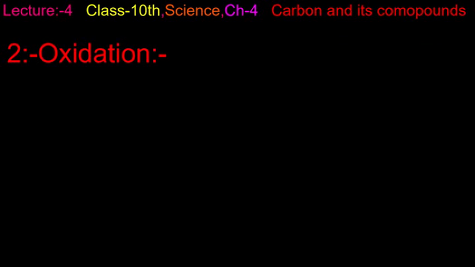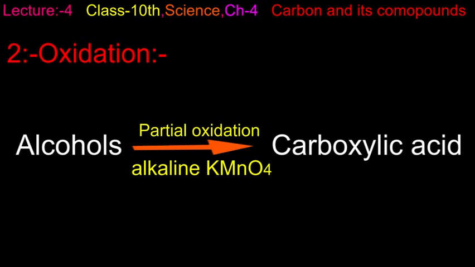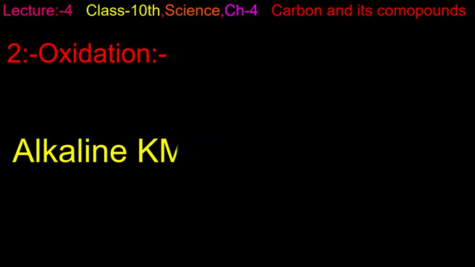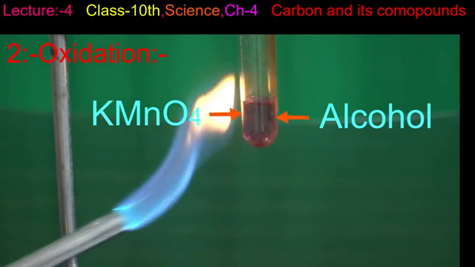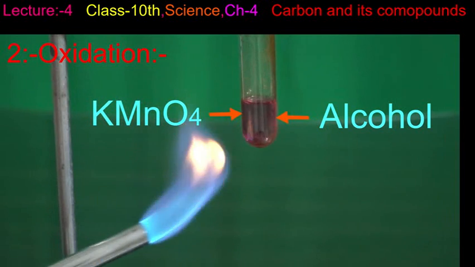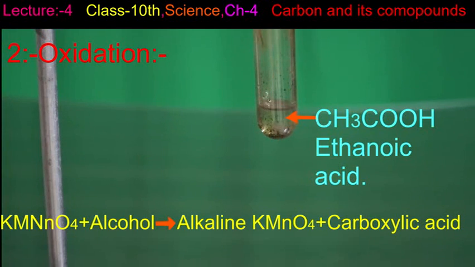Point number 2, we studied about oxidation of hydrocarbons, that is partial oxidation of alcohol to convert that into carboxylic acid. That can be done through alkaline KMnO4 or K2Cr2O7. In the reaction, alcohol is oxidized to carboxylic acid.